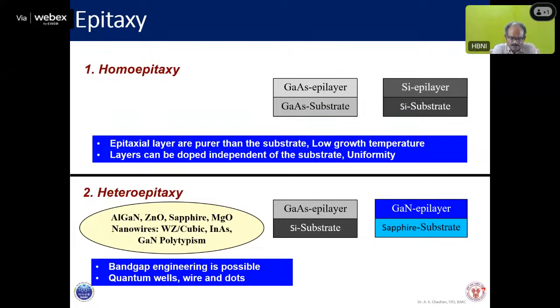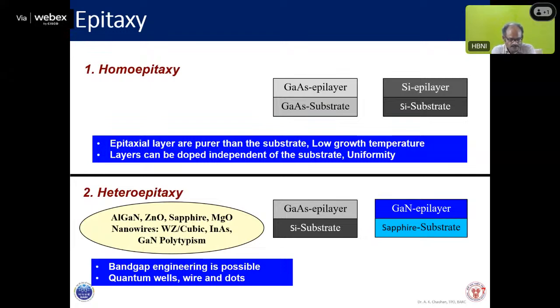These homoepitaxially grown epitaxial layers are purer than the substrate. Low growth temperatures. The layer can be doped independently of the substrate, and they can be deposited uniformly also.